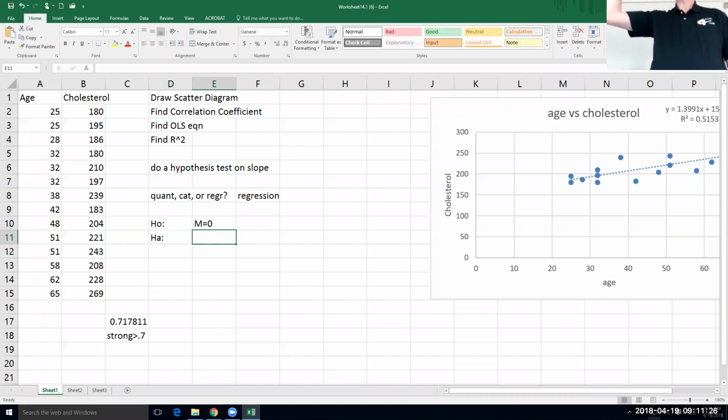We're using M. Or what else could you use? Beta 1, right? But why did I put capital instead of lowercase? To not confuse with the lowercase. What's the difference between upper and lowercase?